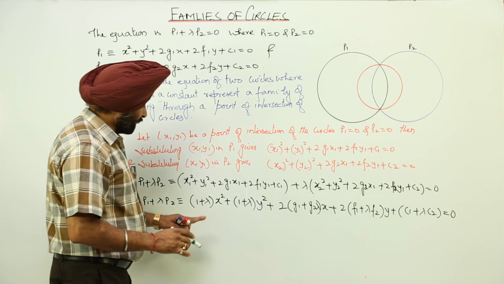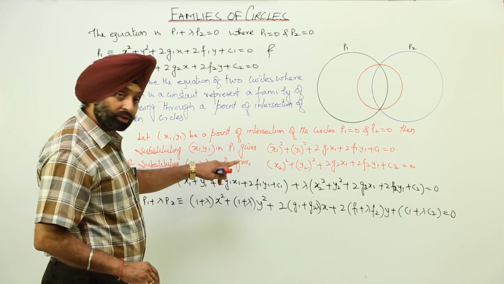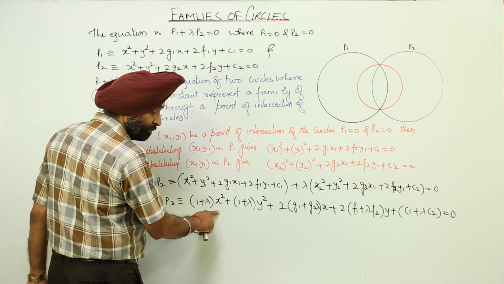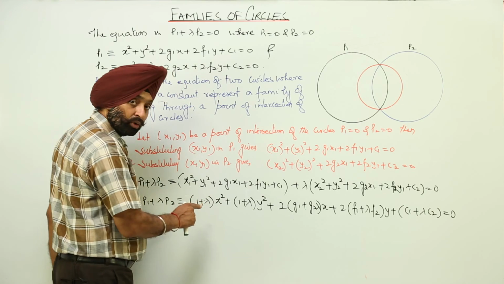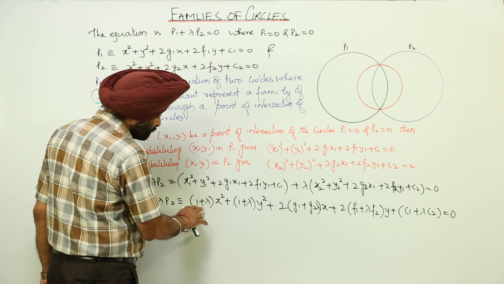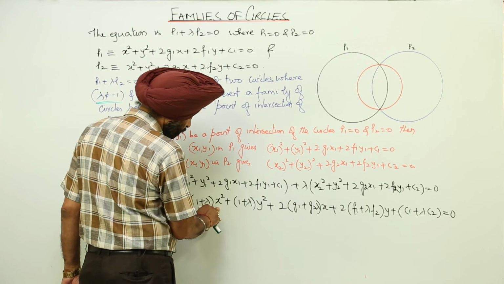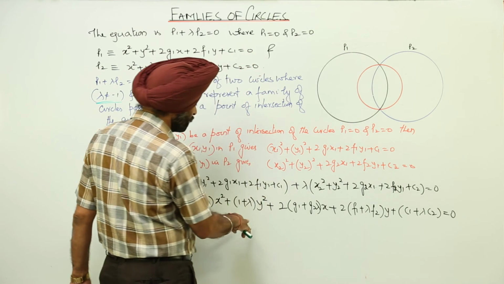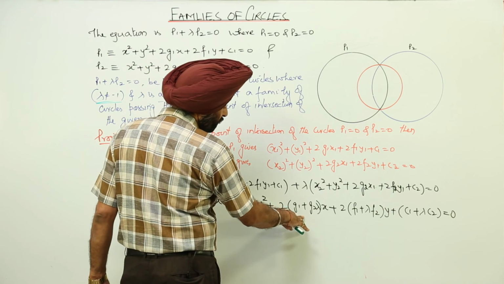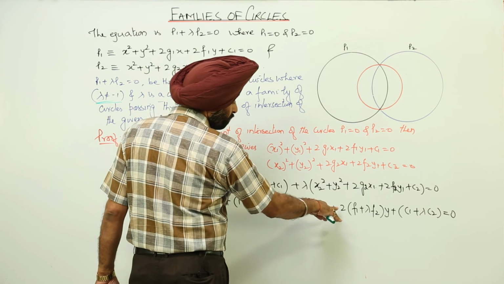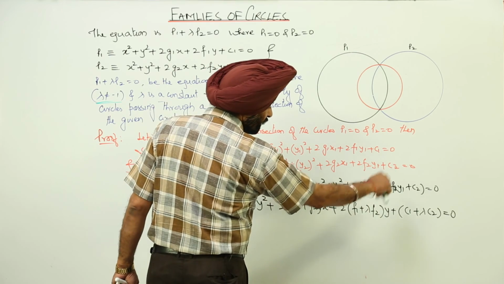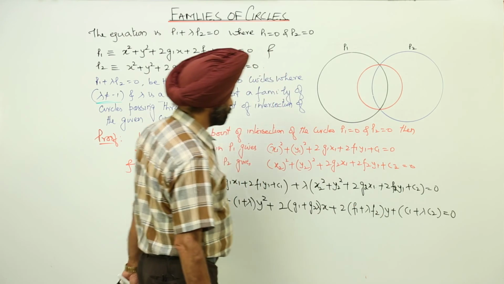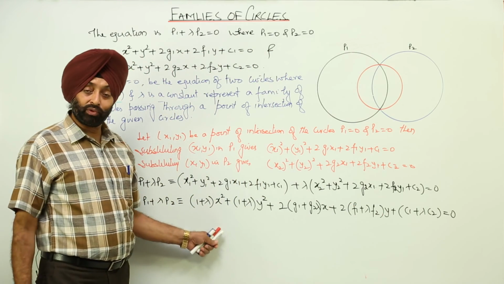So we are having now 1 plus lambda x square plus 1 plus lambda y square plus twice of g1 plus g2 lambda x plus twice of f1 plus lambda f2 y plus c1 plus lambda c2 is equal to 0. And what are x1 and y1?